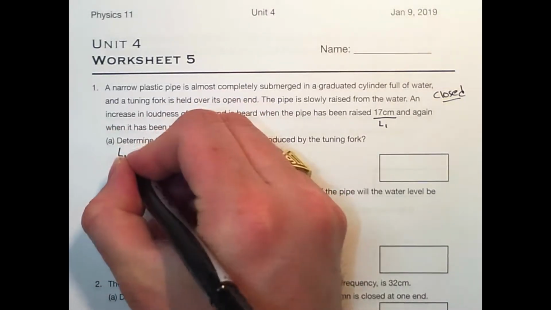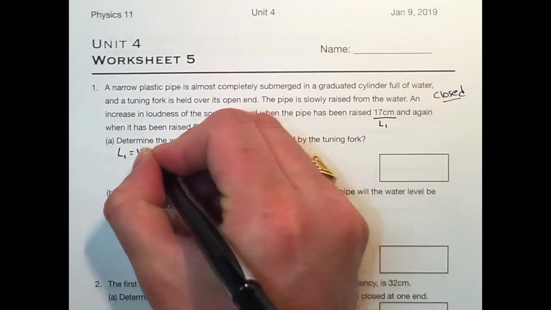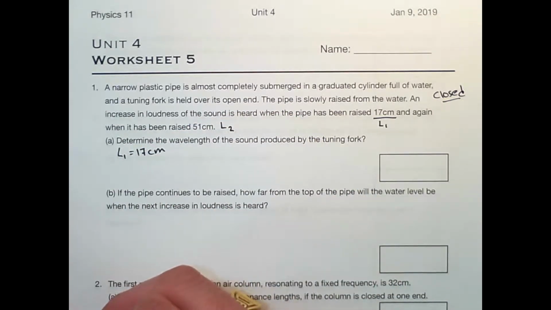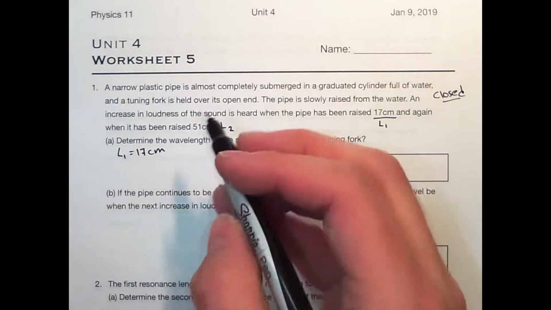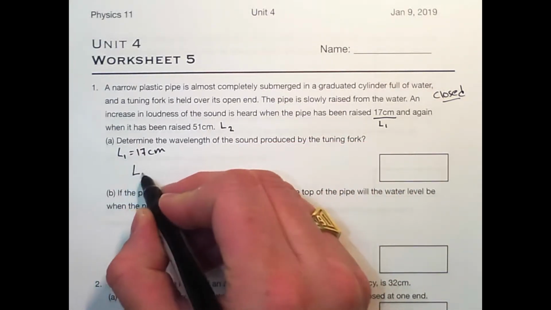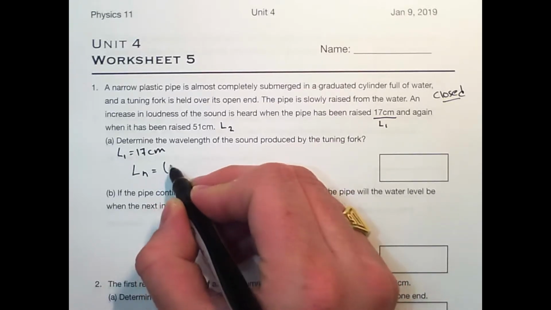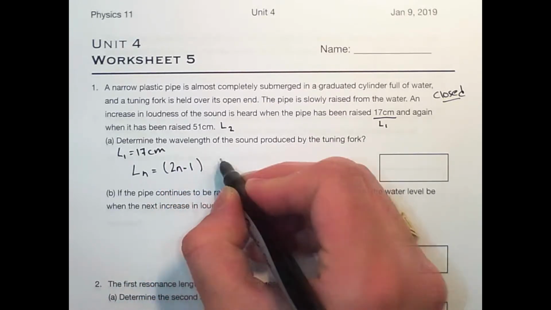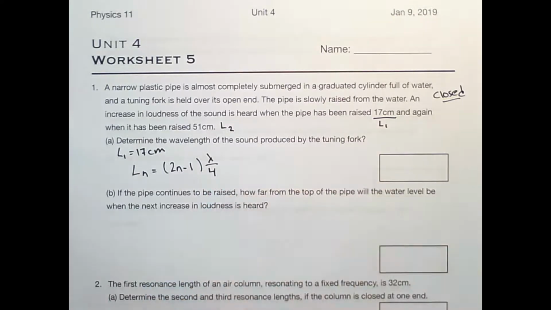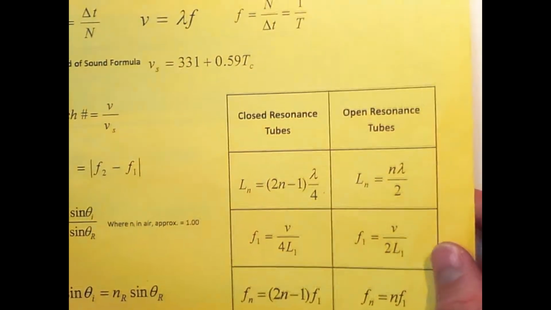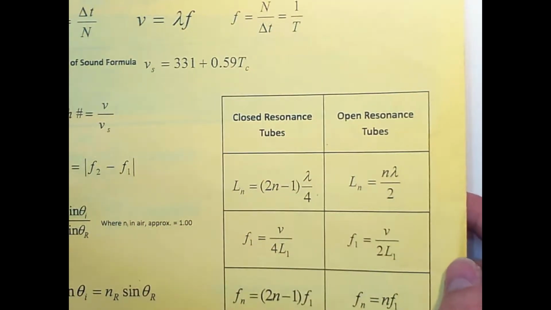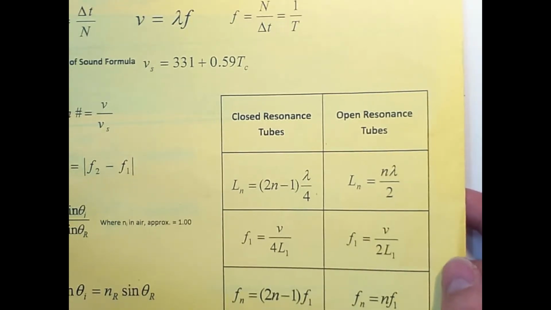So we know that L1 is equal to 17 centimeters. We have this formula Ln equals (2n minus 1) lambda over 4. Again, that is the one for closed tubes. Just looking at our formula sheet, we have closed and open, and that would probably be the most important thing to make sure you're aware of.